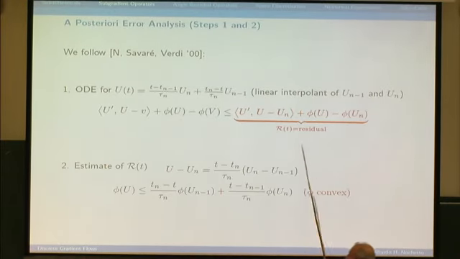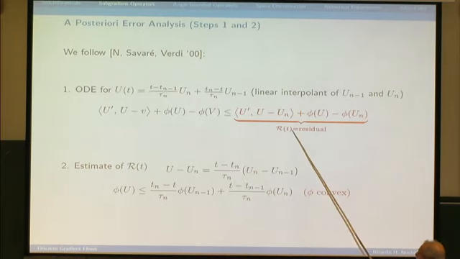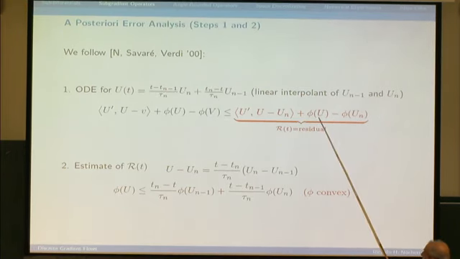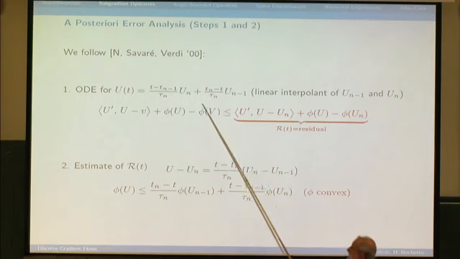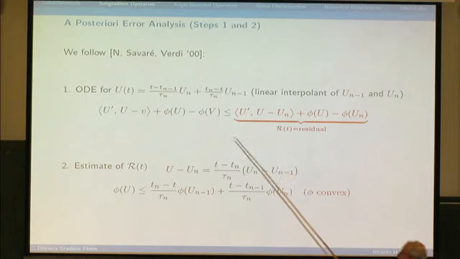Okay? I want to estimate this residual. So in order to estimate the residual, one important difficulty is that here we have phi of u. u is convex, but it's not smooth. I'm not assuming smoothness. I'm assuming convexity. Okay, for instance, for the obstacle problem, the phi contains an indicator function, which is certainly not smooth.